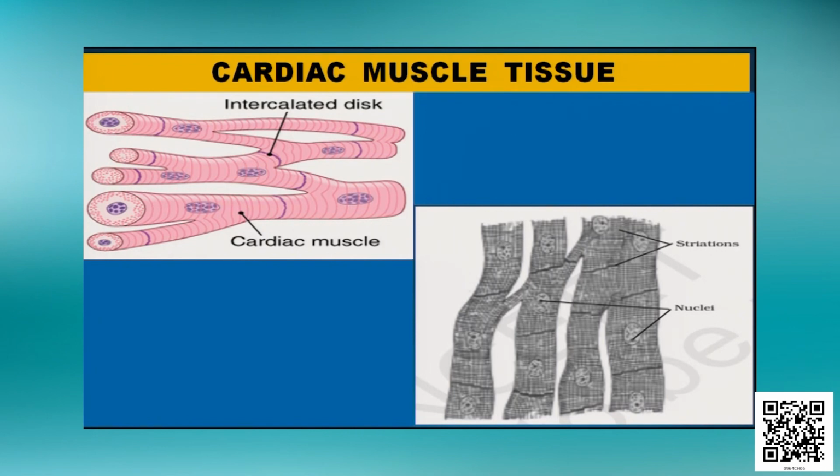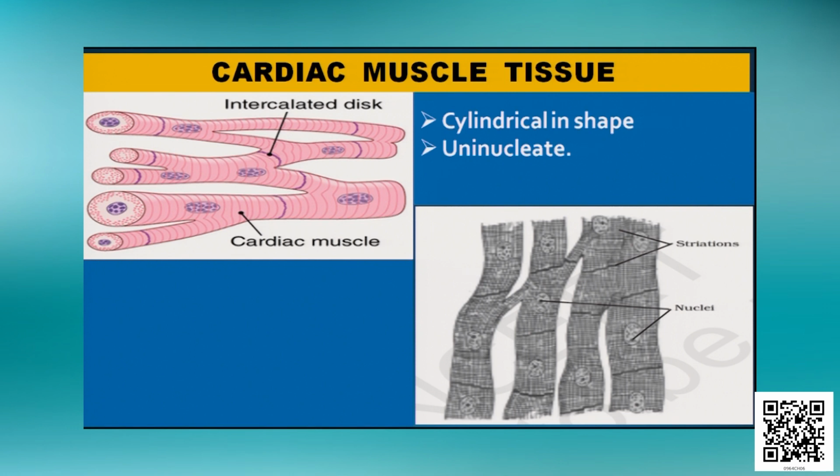Okay. Next, the third type of muscle tissue is cardiac muscle tissue. You know that this muscle tissue is only located in heart. So, look at the picture, how they look. Isn't it cylindrical? Yes, so these cells are cylindrical in shape.